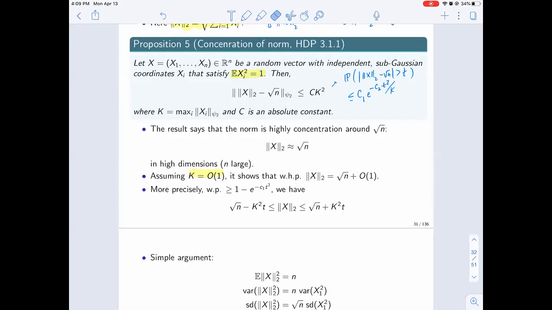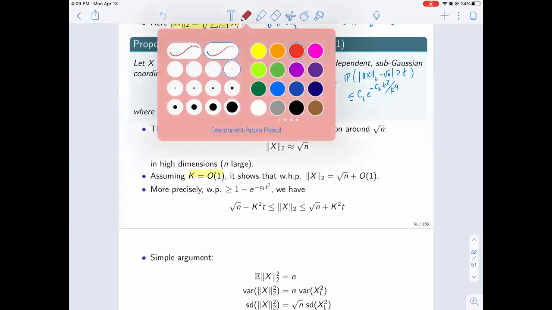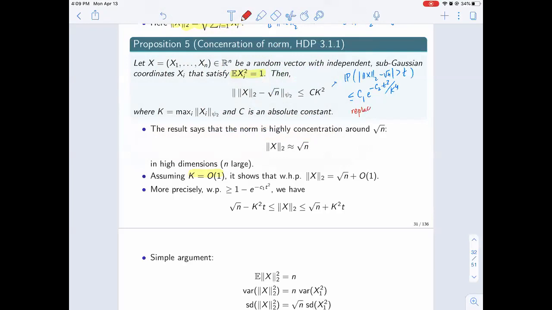And if I replace t with k squared t, then you'd get this result that this norm is going to be root N plus or minus k squared times t with probability 1 minus e to the negative... You probably have to have a 2 here.